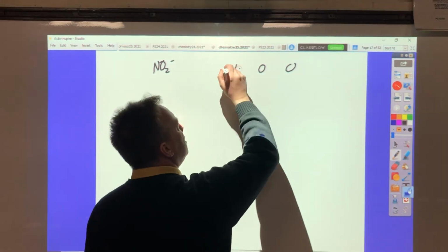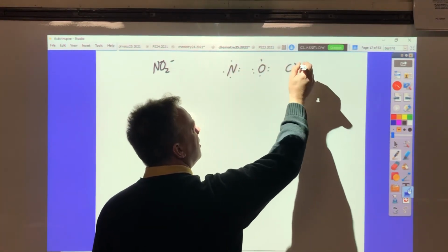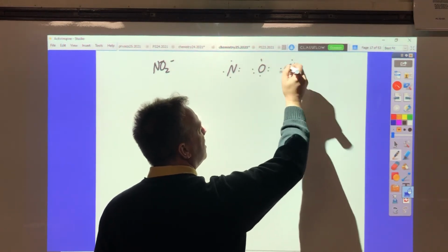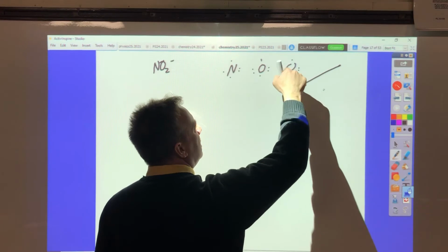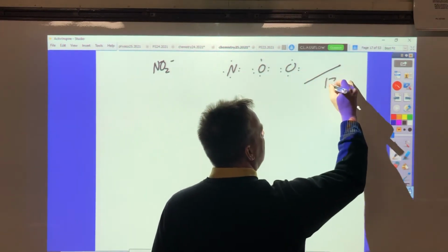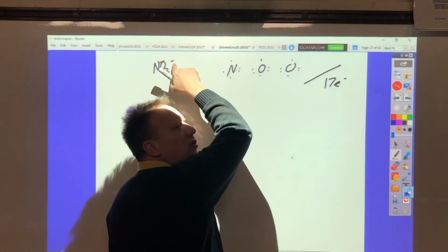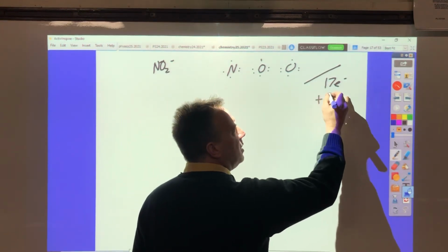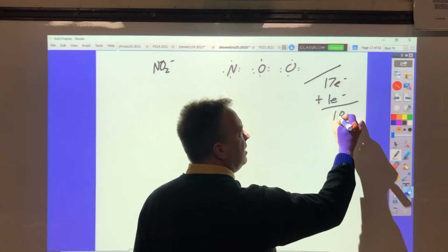So 1, 2, 3, 4, 5. 1, 2, 3, 4, 5, 6 for the oxygen. 1, 2, 3, 4, 5, 6 for the other oxygen. Then we add. That's 6 and 6 is 12, and 5 is 17 electrons, and it's got a negative charge. So right here we add 1 electron for a total of 18.